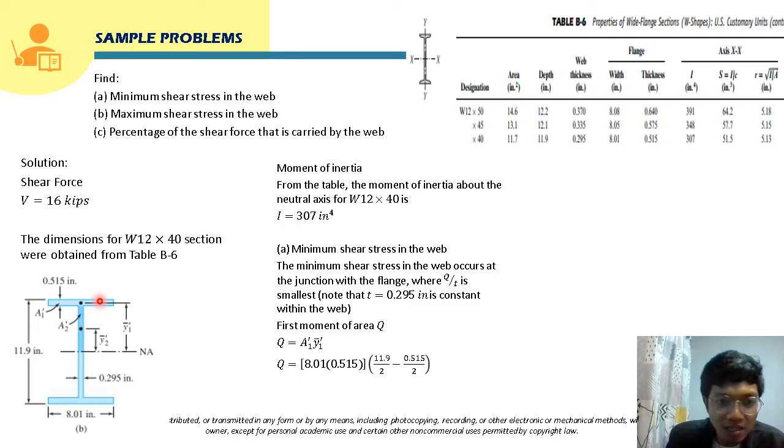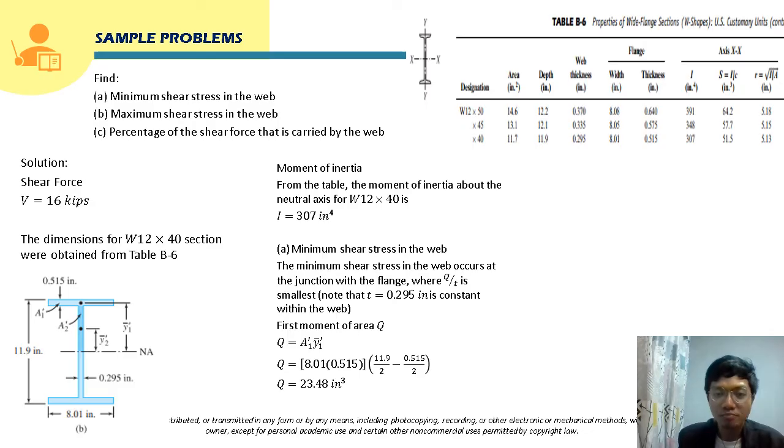So kailangan pa natin i-subtract yung kalahati ng thickness ng flange kasi centroid eh, di ba? So that will be 0.515 over 2. So it will become 11.9 minus 0.515 over 2. Okay, so solving for Q, class, it will be 23.48 inches cube. Okay, so this will be the Q, ha?